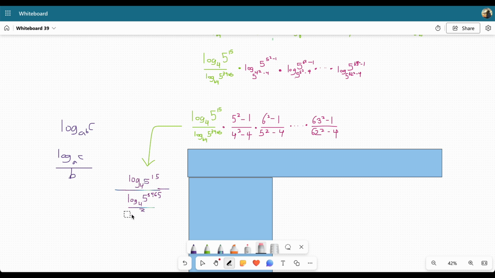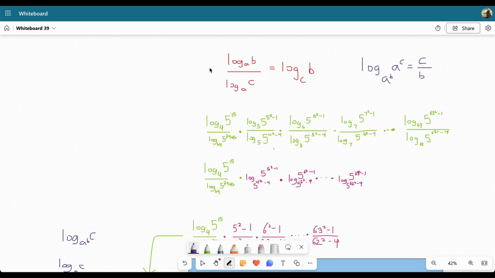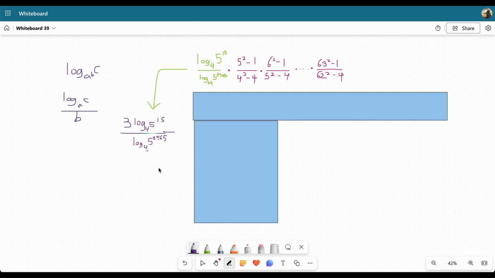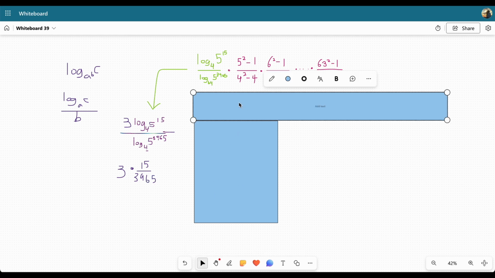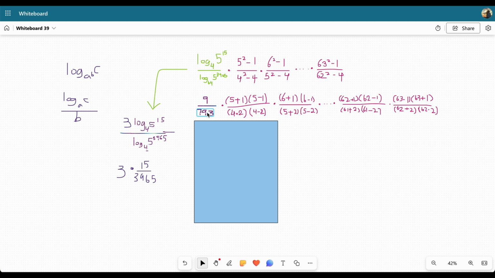And we can simplify this by getting rid of that, putting it up here, right? And once again, using this, we can simply write this as 3 times 15 over 3965, which ends up being the value that we see here, 9 over 793.